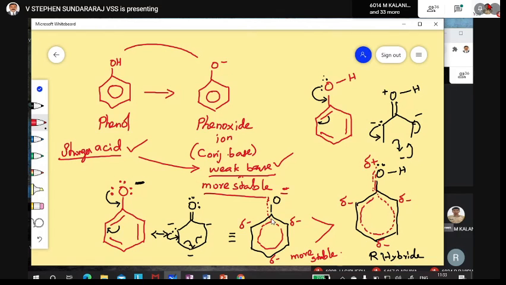See, in the case of phenol there is positive and negative charge separation, whereas in phenoxide ion there is no positive and negative, only negative is there. So one point is that due to the positive negative separation, phenol is less stable when compared to phenoxide ion.